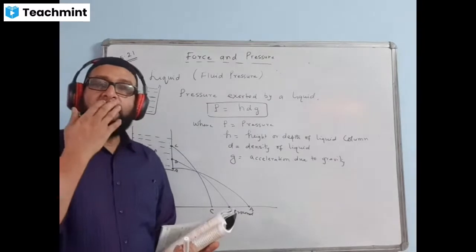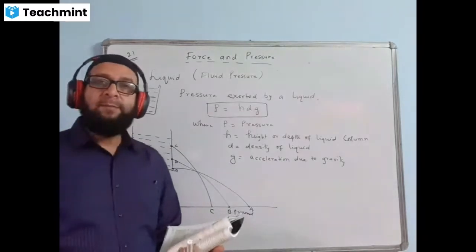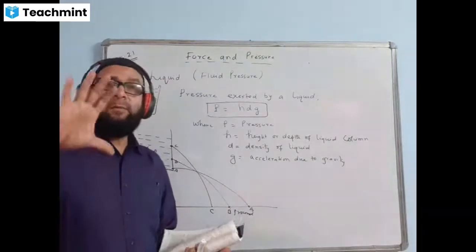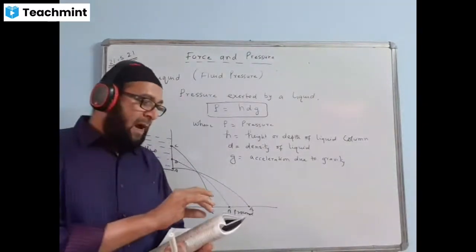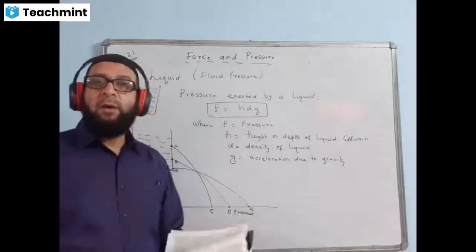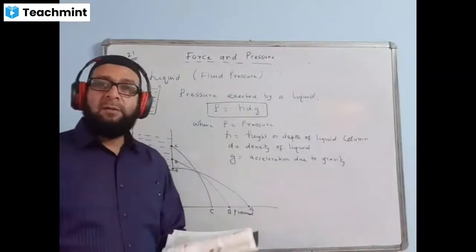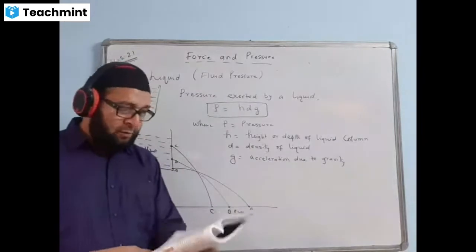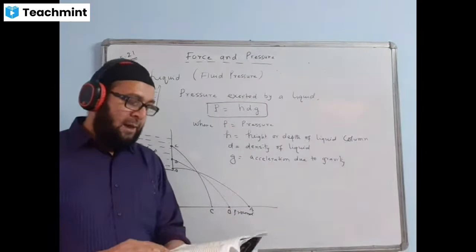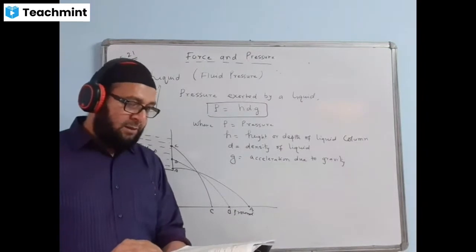In this case, the size of the balloon is bigger where the quantity of water is large, because there the height of the liquid column or water column is more. That's why the pressure is more. Due to larger pressure, the balloon bulges out more. More bulging takes place, and with less water column, less bulging takes place.